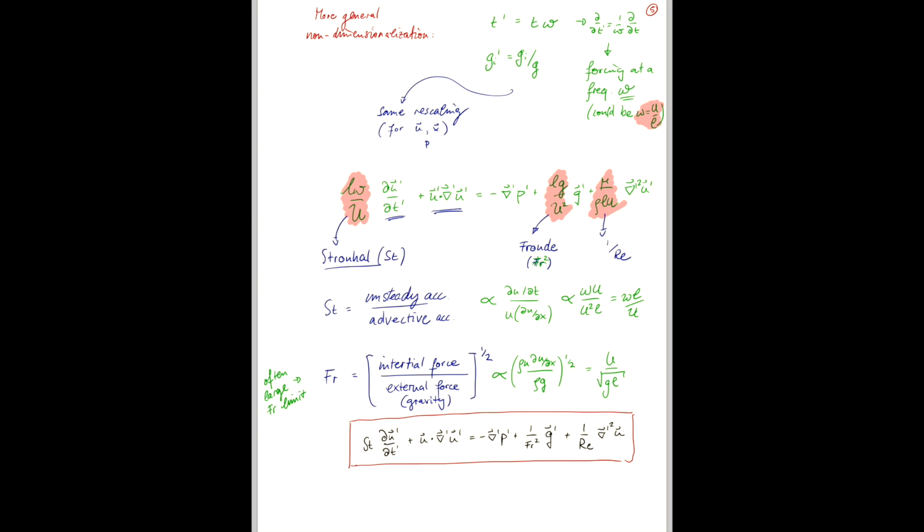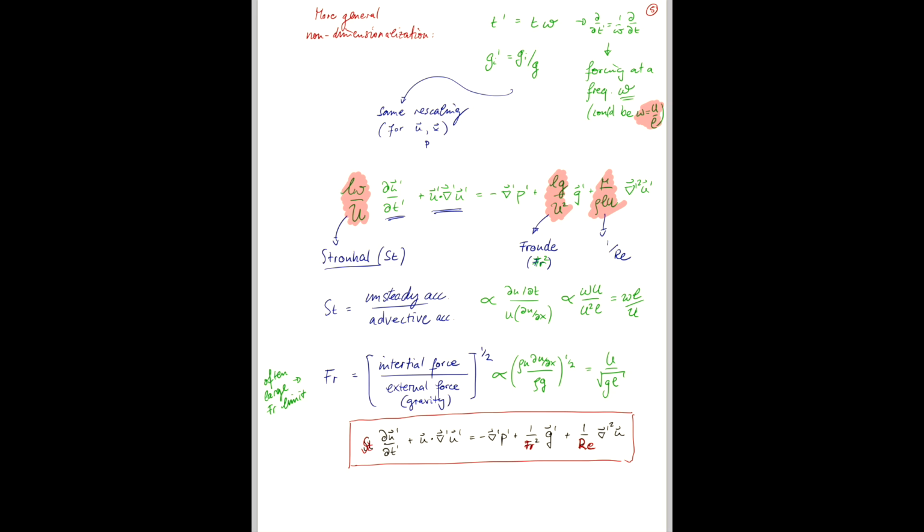And so as long as the Strouhal, Froude and Reynolds numbers are unchanged, the dynamic form of our solutions remains unchanged. But you can change the values of rho, g, mu, or the geometry like L or the velocity u, but you don't change the dynamic form of the solutions.